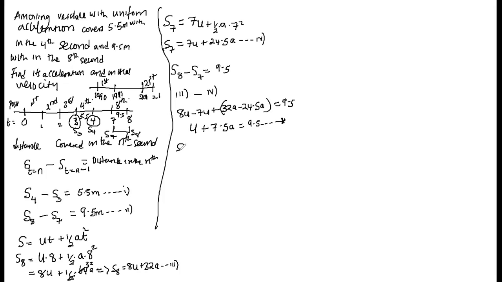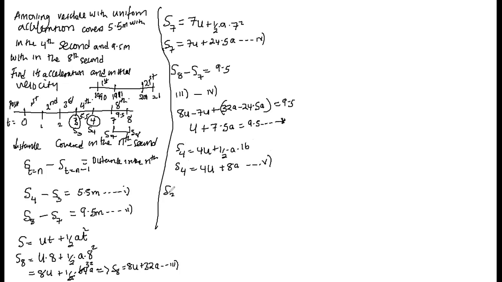We have S of 4, which is equal to 4U plus a half times A times 16. So S of 4 will give us 4U plus 8A, equation 5.